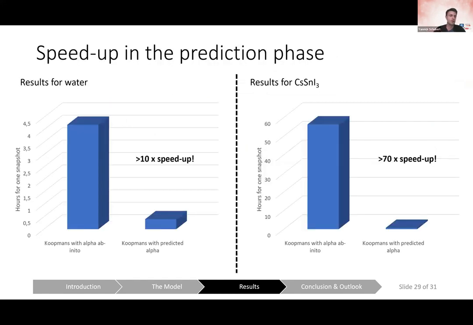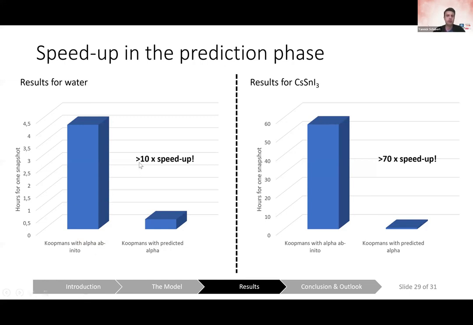At the beginning, I said one of the goals of this project was to achieve a massive speed up. And just to show you for the 2 test systems, this is indeed what we see. What I compare here are the times needed for the entire Koopmans calculation if we compute the screening parameters ab initio versus if we use the machine learning model to predict the screening parameters.